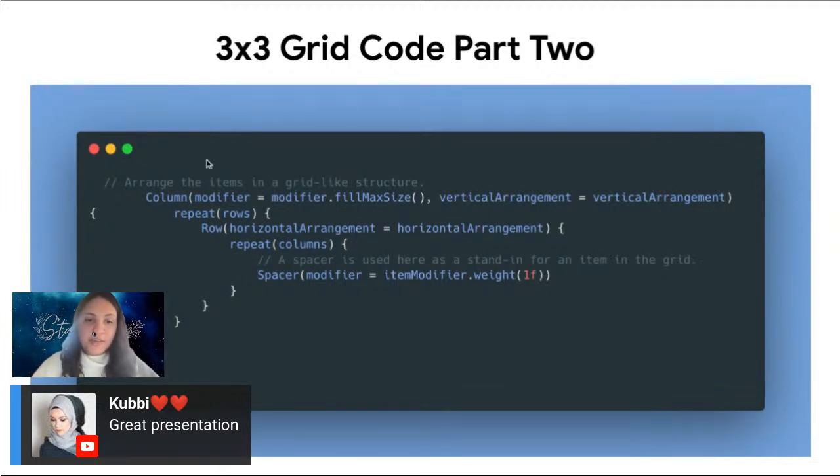So basically what this line of code is doing is creating the grid, but within code. That's why you have repeat rows and repeat columns. The value of rows and the value of columns is 3, so it means repeat the rows 3 times, repeat the columns 3 times.